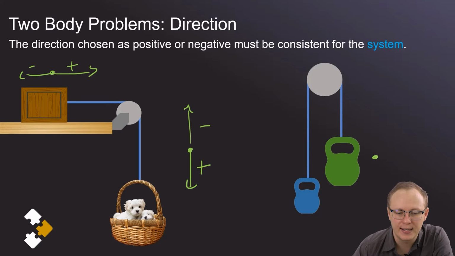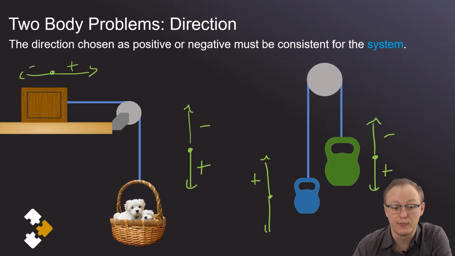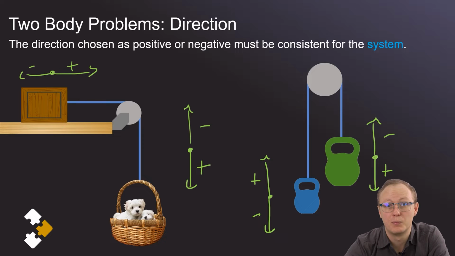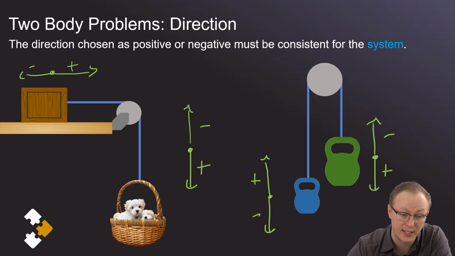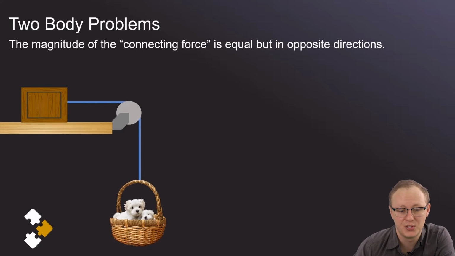Here's another example. If the green kettlebell is going to move down, and we call that the positive direction, then if green goes down, blue goes up. So for the sake of consistency, the positive direction for the blue kettlebell is actually going to be upwards, and that's going to help us put in the correct signs for our vectors. Then remember, the magnitude of the connecting force is equal but in opposite directions.